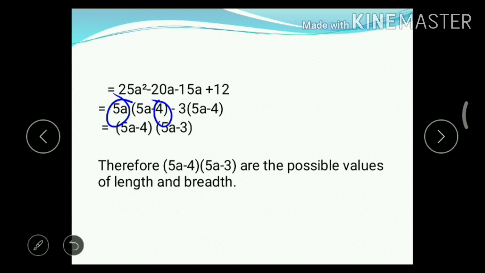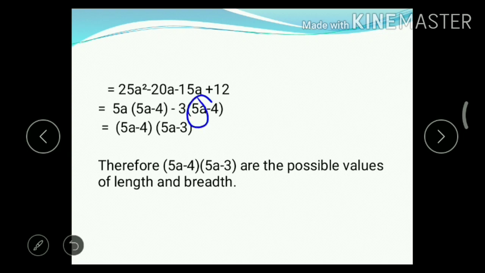Okay, similar way from this also you have to take something as common. Here you can see 3 can be taken out as common, and this is not only 3, here it is minus 3. So minus 3 you are taking out common. So inside of the bracket whatever you will write, you have to write in opposite sign. It was positive, here we have written negative, because minus we have taken out.